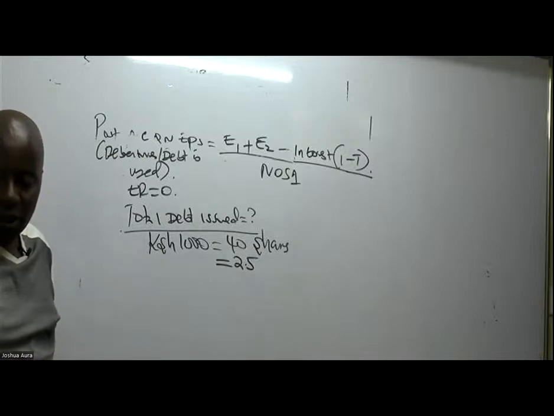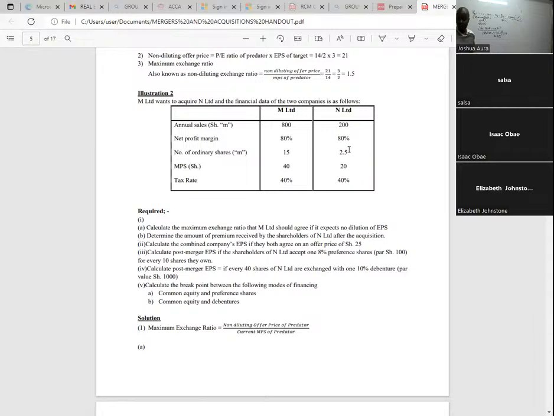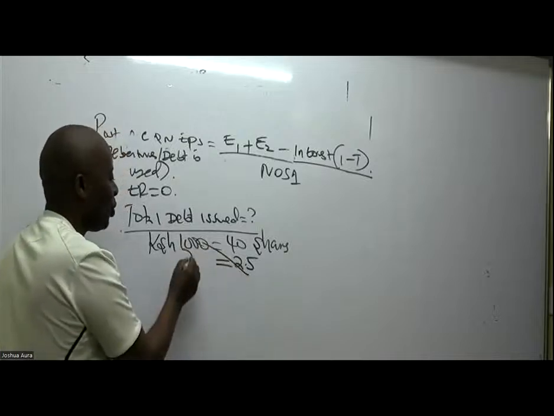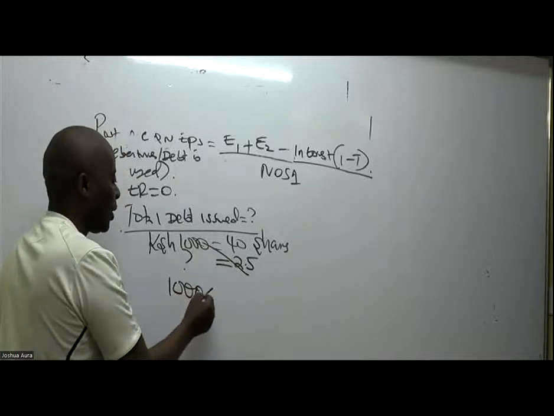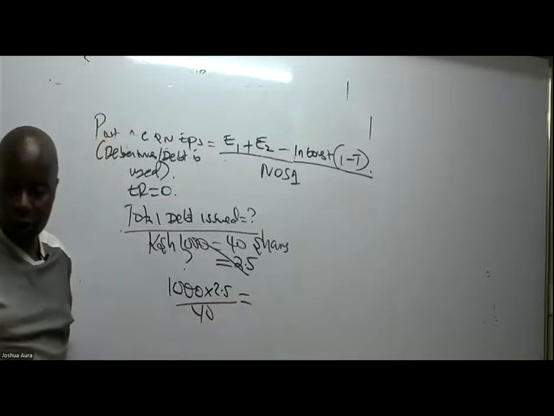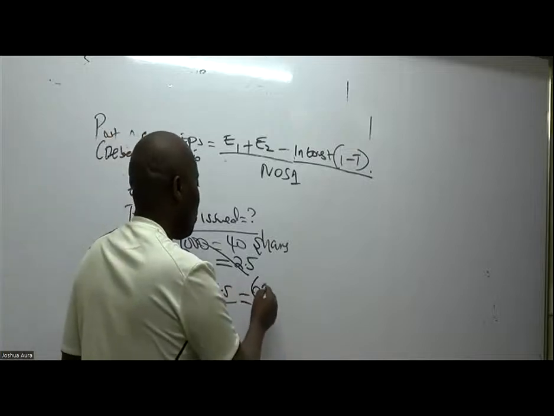It is these shares of company two which you are acquiring. So if you cross multiply, you will get 1,000 times 2.5 over 40, which gives us 62.5 million.